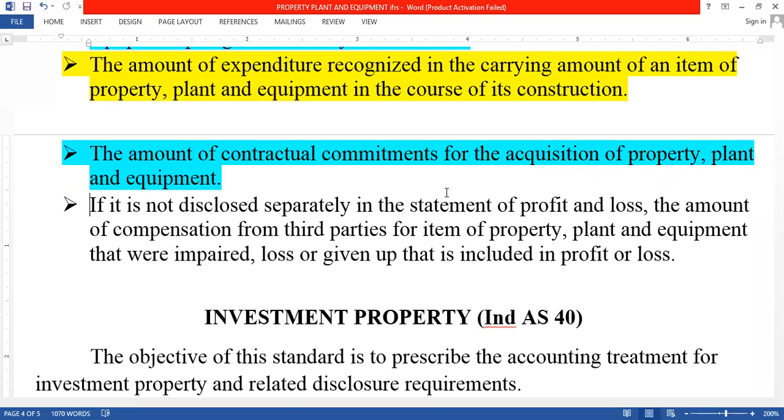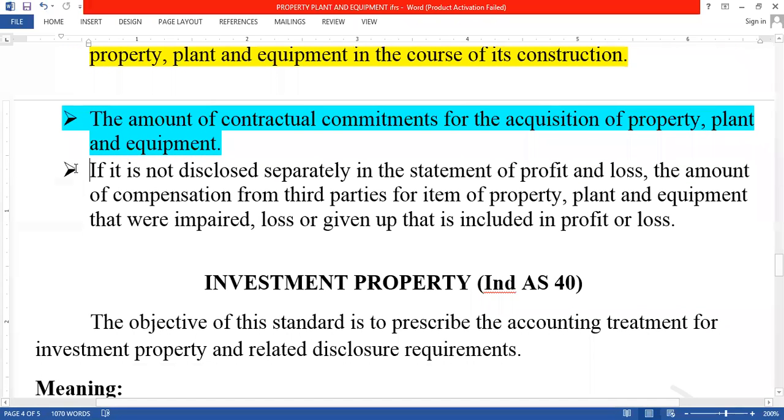In that situation, contract amounts are given, and when entering into a lease contract, lease expenses are also incurred. The lease expenses are also associated with property, plant, and equipment, so this essential information should also be disclosed. After that, the last point is the disclosure.